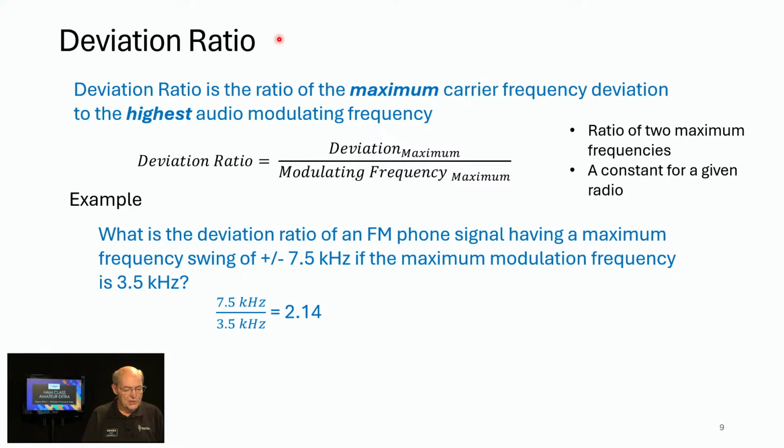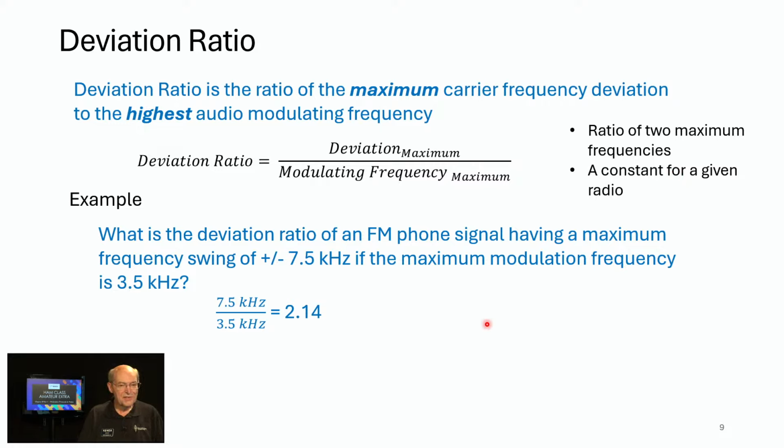Now it's a ratio, and the first thing I want you to pick up on is that we're talking maximum carrier frequency deviation, and it says highest audio modulating frequency. We consider this the maximum audio modulating frequency. So it's a ratio of two maximum frequencies. That's the first thing to pick up on. And it's constant for a given radio. More on that to come.